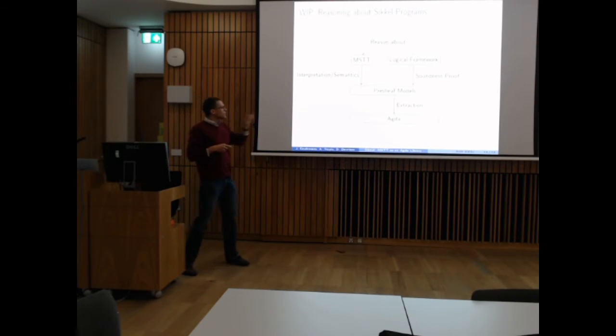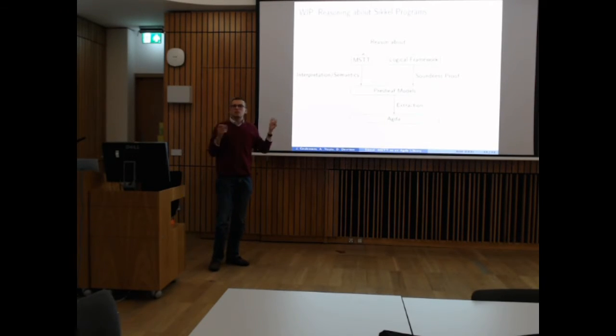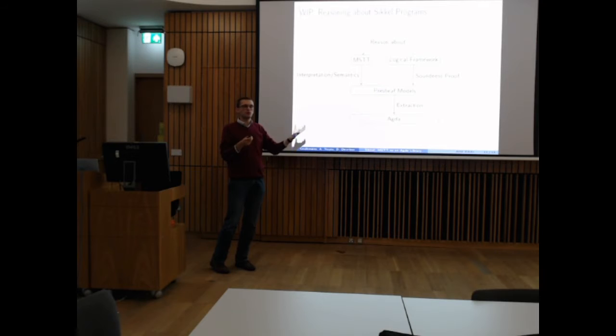And what I should also mention is that these presheaf models already support dependent types. So what we hope to do is to provide a proof of soundness of this logical framework in this presheaf model.